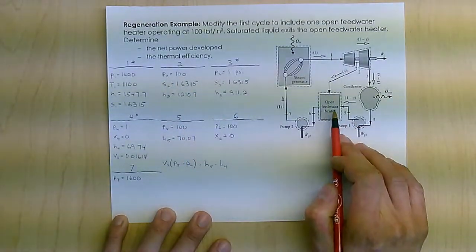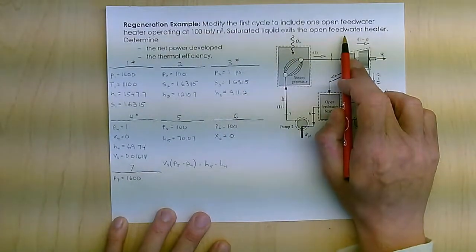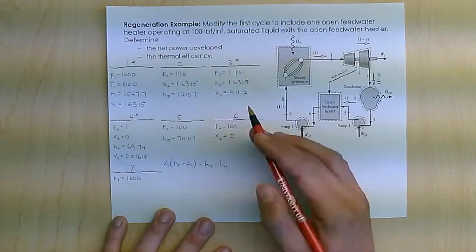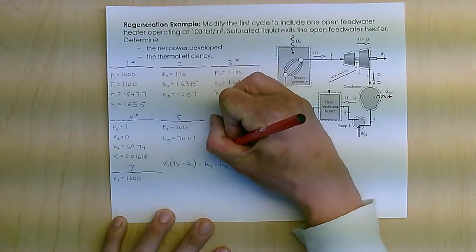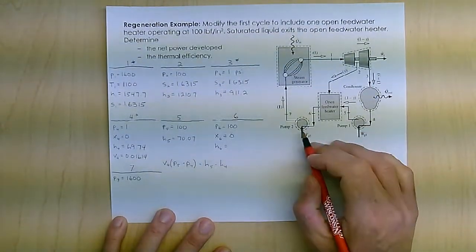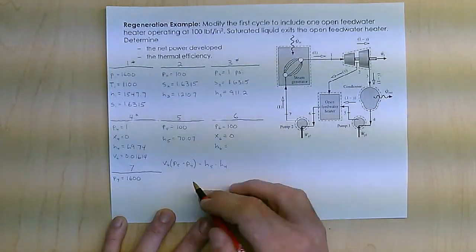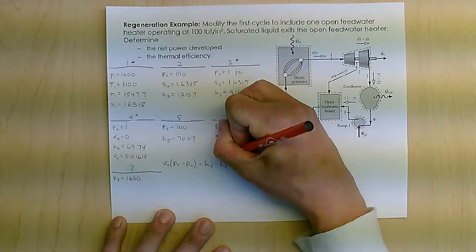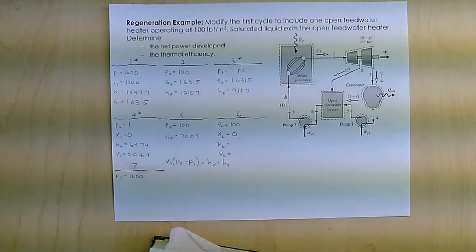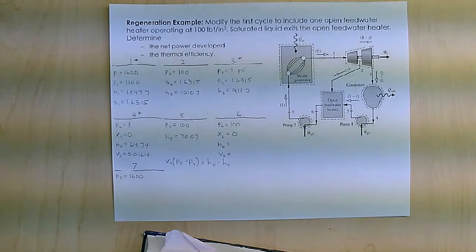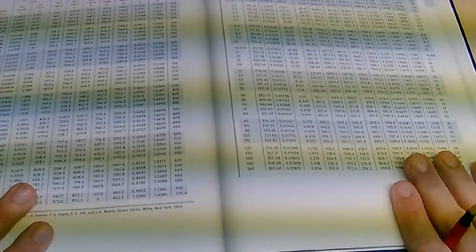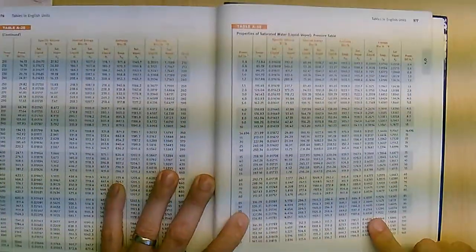What comes out of the feed water heater, again, it says saturated liquid exits the feed water heater. So here I'm going to look up H6, and then knowing that it gets thrown into a pump just like here, I'm going to look up V6 as well. So now I'm at saturation. I go to 100 psi, and I'm a saturated liquid.